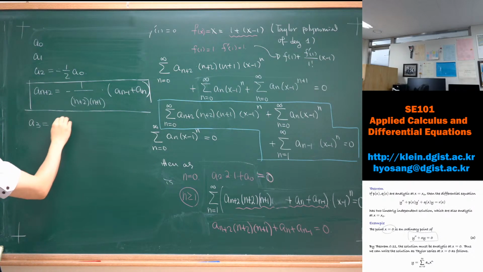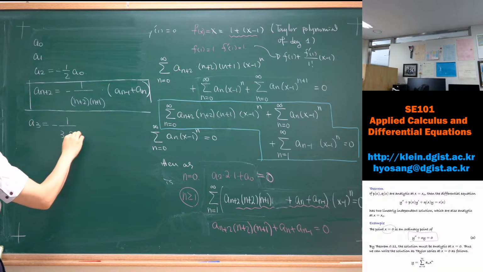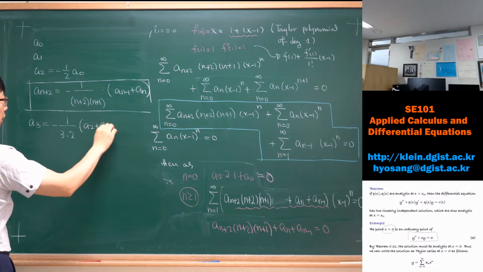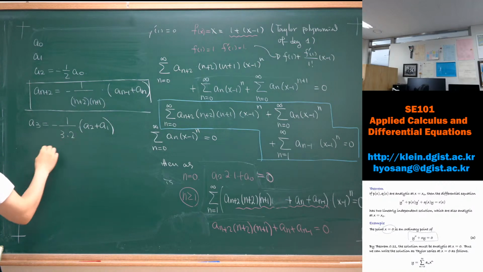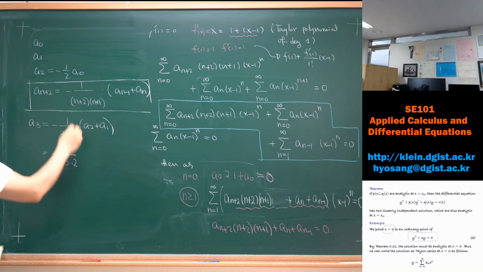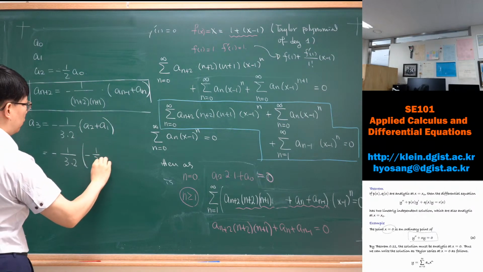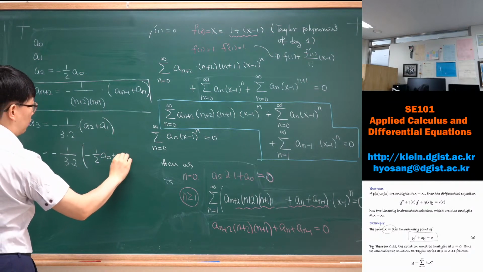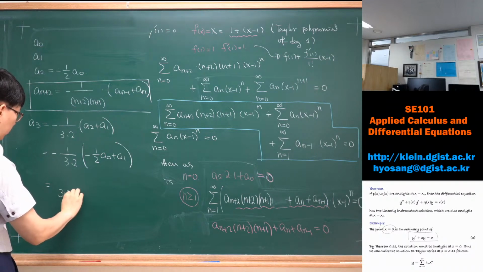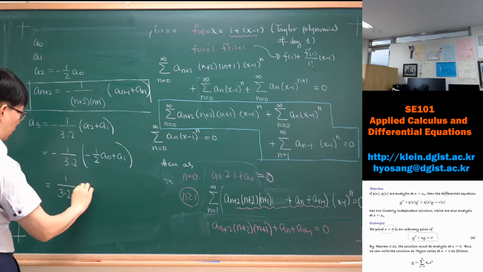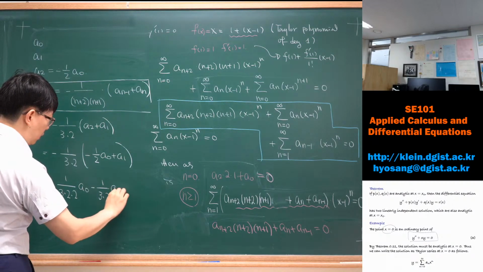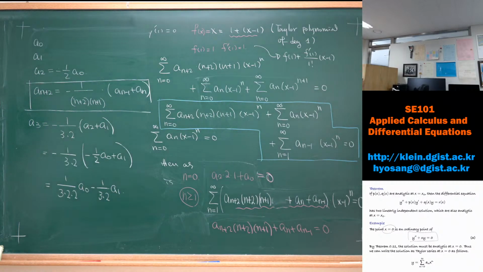So a3 is now minus 1 over 3 times 2, times a2 plus a1. But we know what a2 is in terms of a0. So it's minus 1 over 2 a0 plus a1. Okay? So then this is 1 over 3 times 2 times 2 a0 minus 1 over 3 times 2 a1.